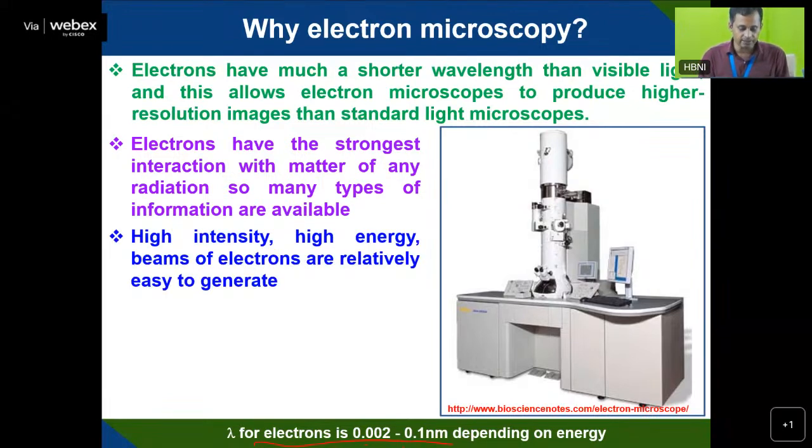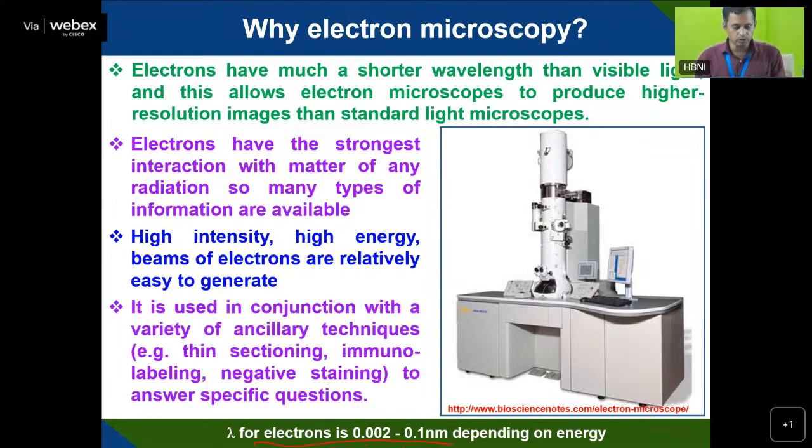High intensity, high energy beams of electrons are relatively easy to generate, like by thermionic emission, or other systems like FEG, field emission gun, which can create a high intensity beam with high energy. And it is used in conjunction with a variety of ancillary techniques.